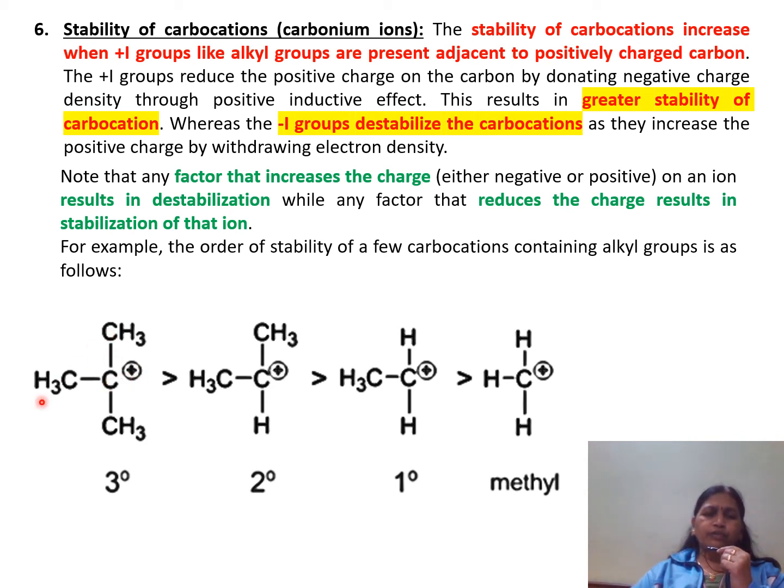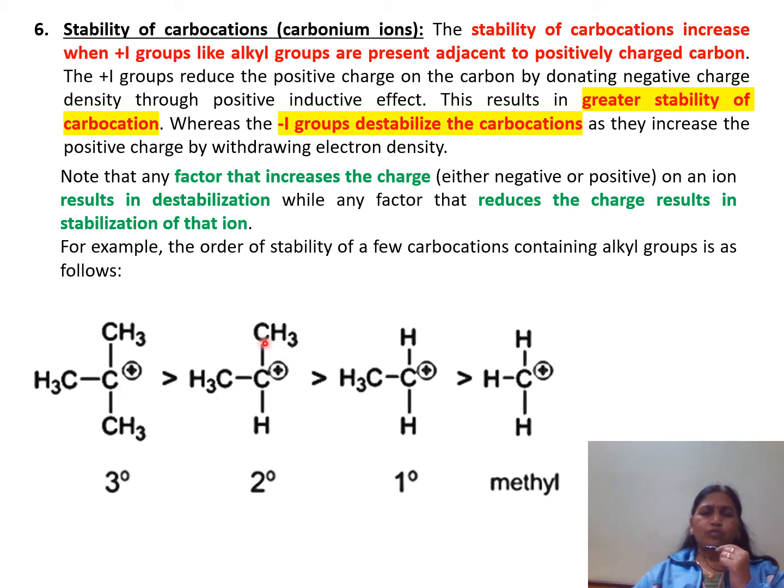Here there are three methyl groups which show plus I effect. They will release electrons towards the carbonium ion, and the positive charge of the carbonium ion will be discharged, and due to this neutralization it will gain stability.